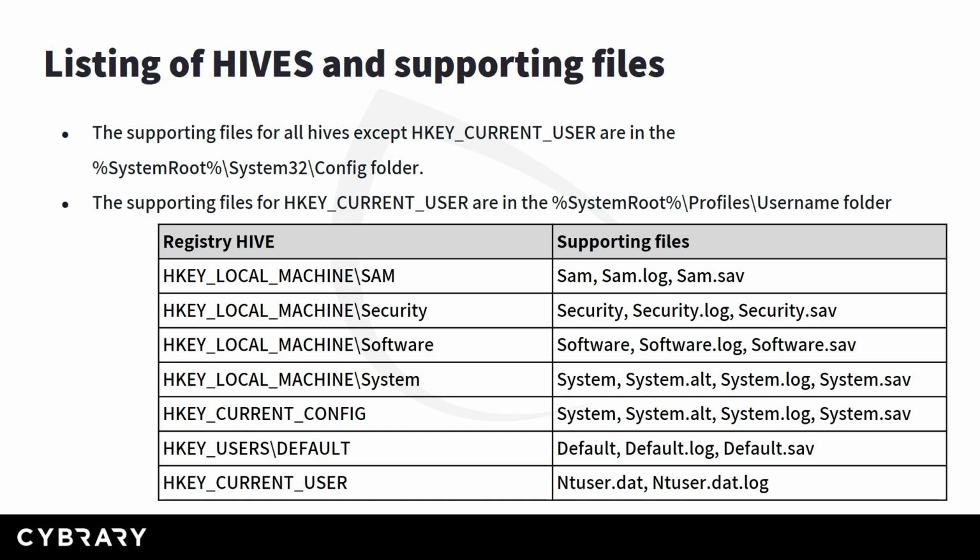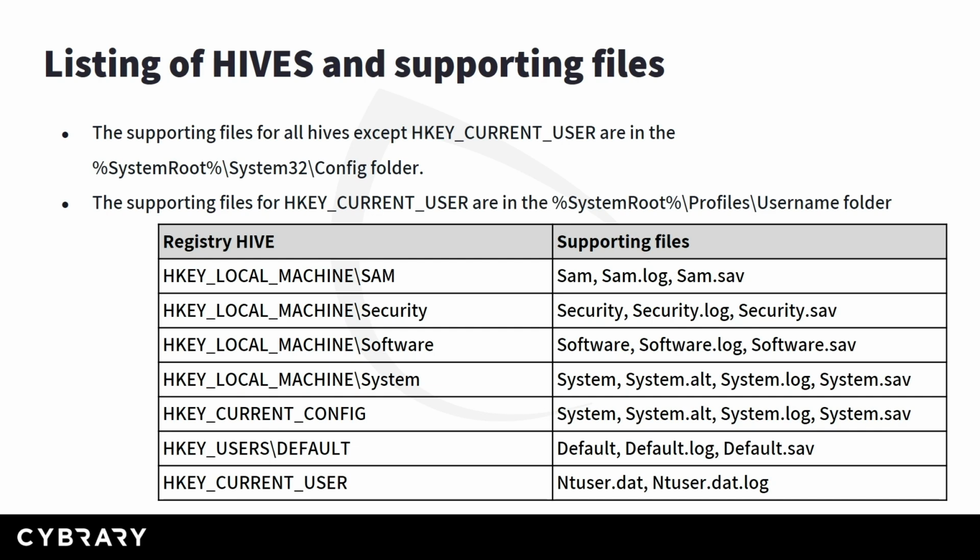The supporting files for all hives except HKey current user are in the system root system32 config folder on Windows NT4, Windows 2000, Windows XP, Windows Server 2003, and Windows Vista. The supporting files for HKey current user are in the system root profiles username folder.